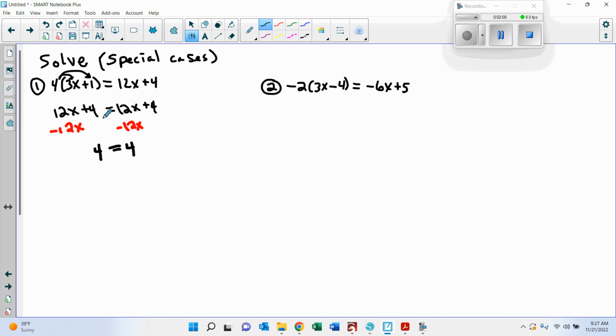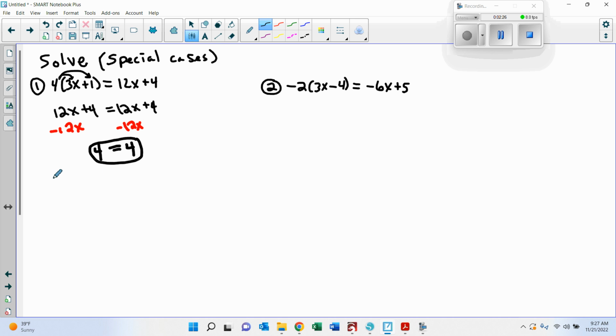Anything you plug into x, you will always end up with something true. I could plug in 100, -1,000,000, or 7.8. Anything I plug in for x, I'm always going to end up true because the x's disappeared.